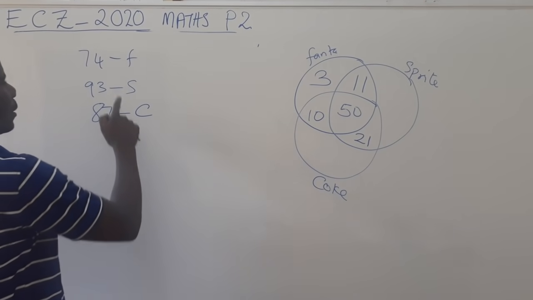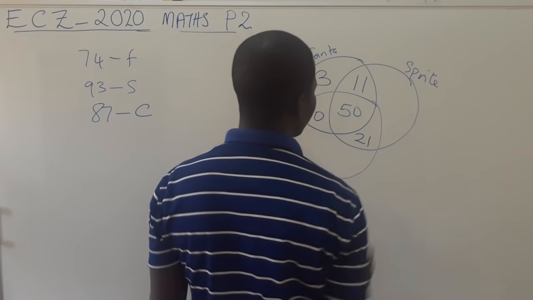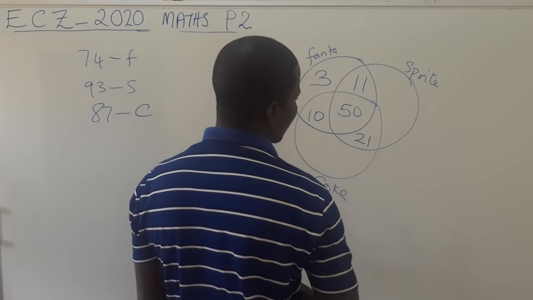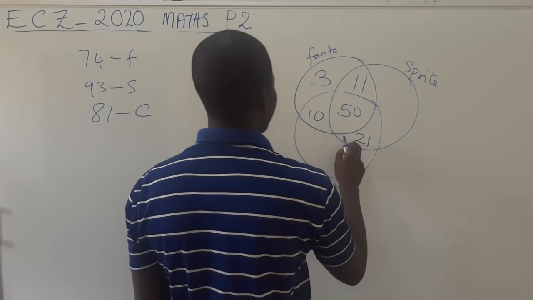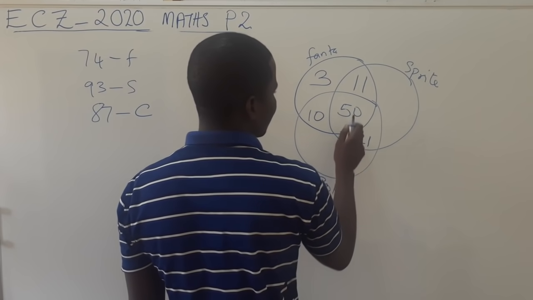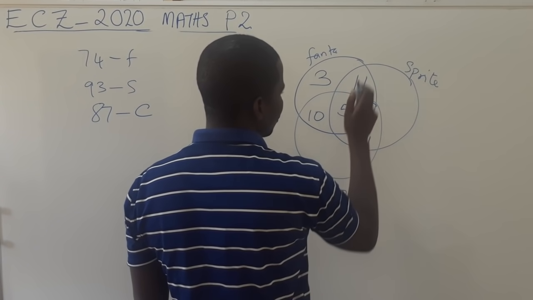Then, Sprite, 93. This is giving us 70, 71, 72.